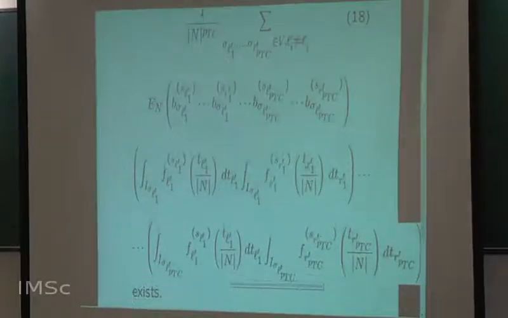So we have to prove this. This is the new part with respect to the standard central limit theorem.